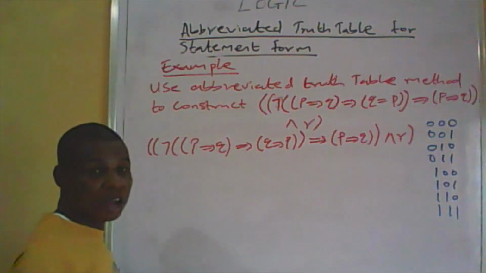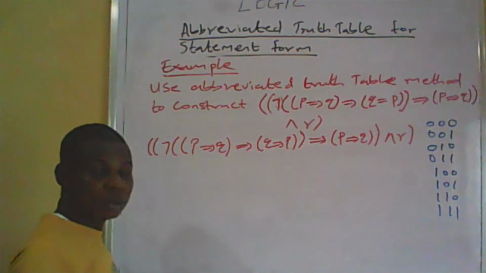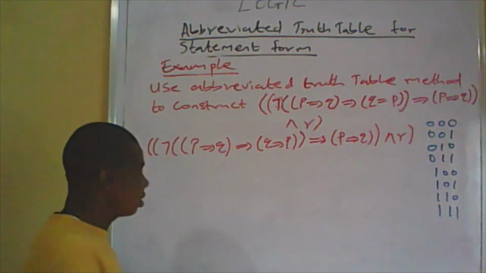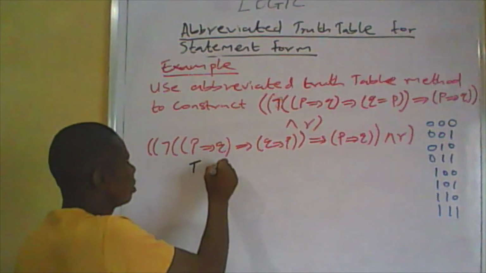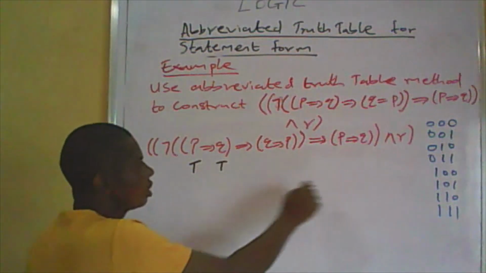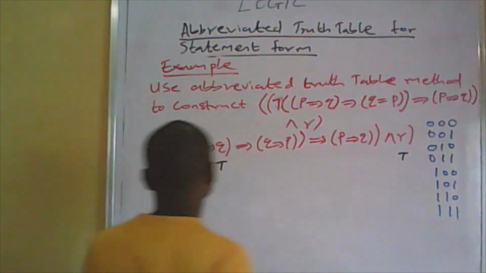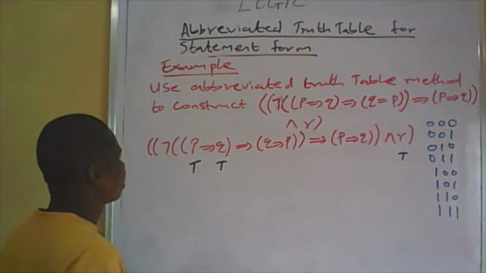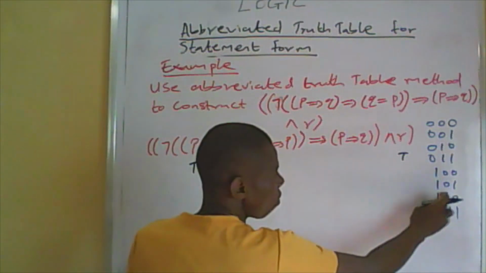1 1 1, that means we have T, T, T. First statement T, second one T, third one T. Second one, we have 110.